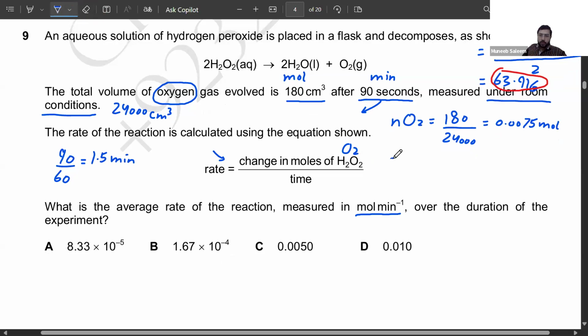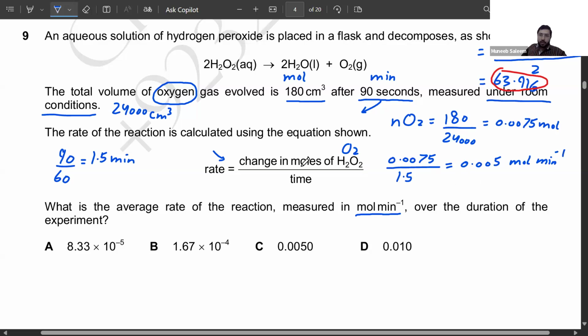So mole is now 0.0075 and time is 1.5. Now the value will be equal to 0.005 mole per minute.